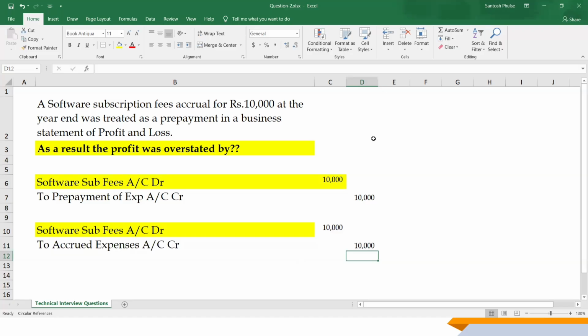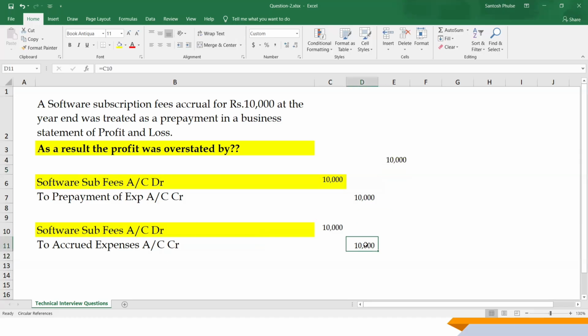Now, if you see your profit, assuming that is X, the software subscription fees you have debited 10,000, and again the software subscription fees account debit of 10,000 you have booked as accrued expenses. That's the liability for us.